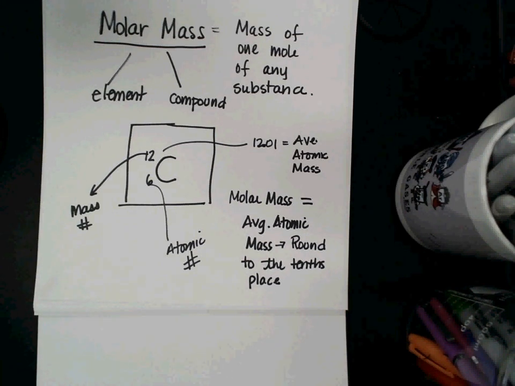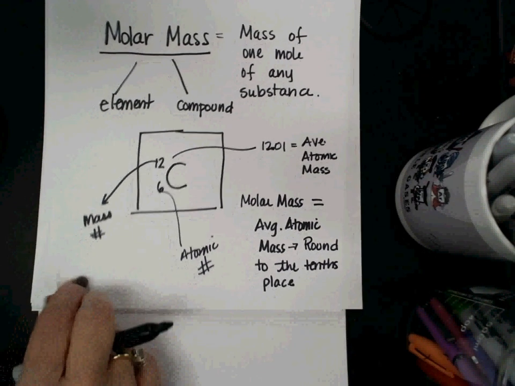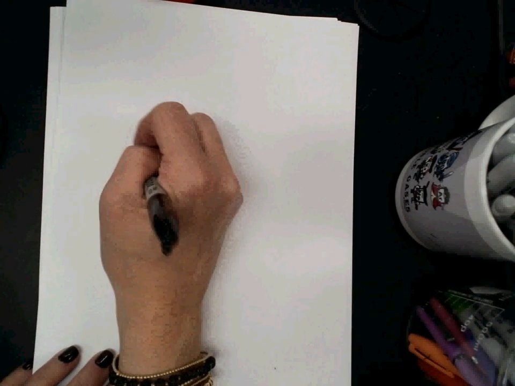What's the atomic number of sodium? 11. What is the mass number of sodium? 23, yes? What is the average atomic mass of sodium, Olivia? 23 point what? I'm going to turn the fume hood off, then I'll be able to hear you.